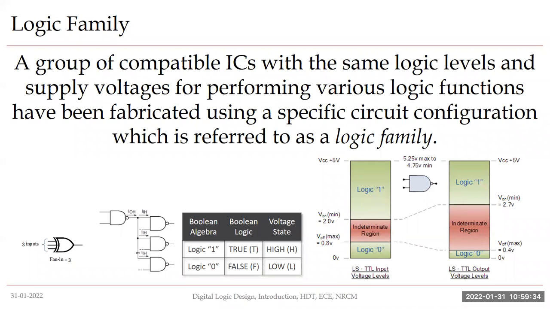So how do we define and characterize them? How do I say that they belong to the same family? For that, there are many aspects to consider: the number of inputs that can be connected, the number of outputs that can be connected, what is logic level 1, whether it is high plus 5 volt or minus 5 volt, and the range of voltages that we call logic 1 or logic 0.